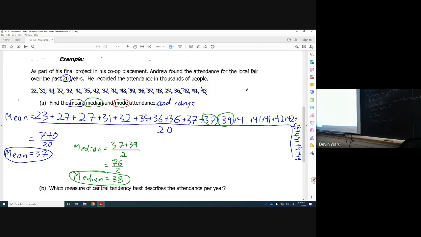And then the mode is just the one that pops up the most. Okay, so we have one 23, two 27s, one 31, one 32, one 35, two 36s, two 37s, one 39, three 41s, two 42s, three 43s, and one 44. So we actually have two modes.